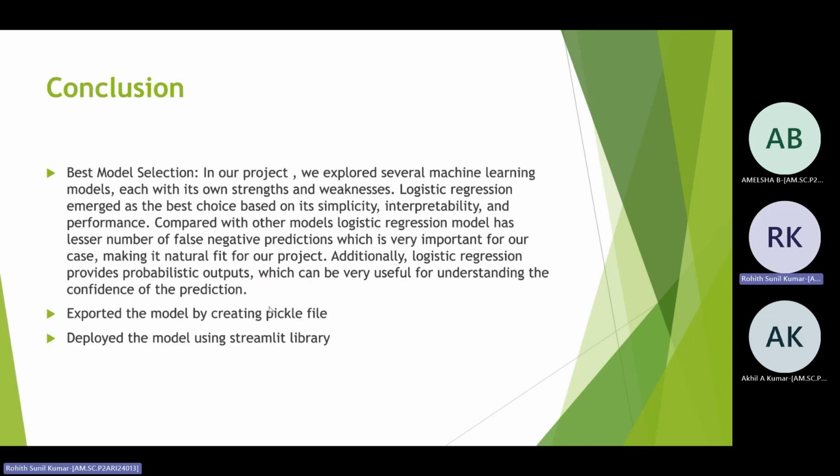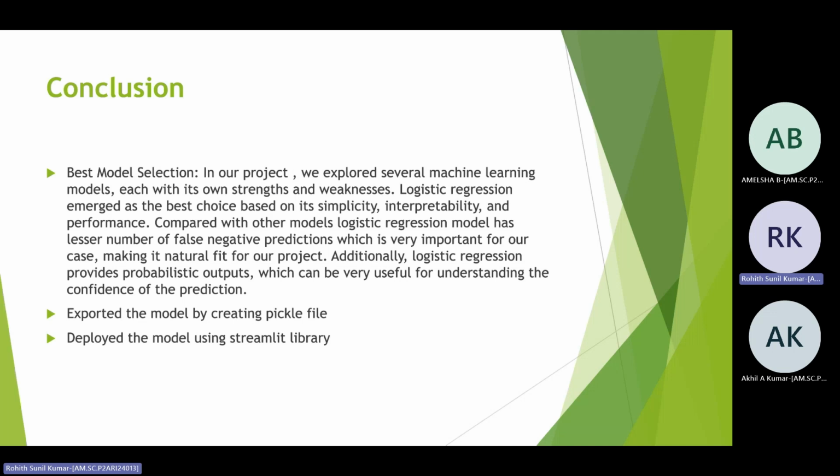And conclusion. So in our project, we explored several machine learning models, each with its own strengths and weaknesses. Logistic regression emerged as the best choice based on its simplicity, interpretability, and performance. Compared with other models, the logistic regression model has a lesser number of false negative predictions, which is very important for our case, making it a natural fit for our project.